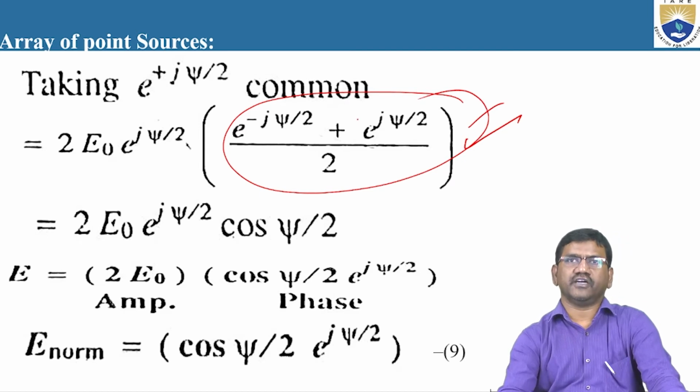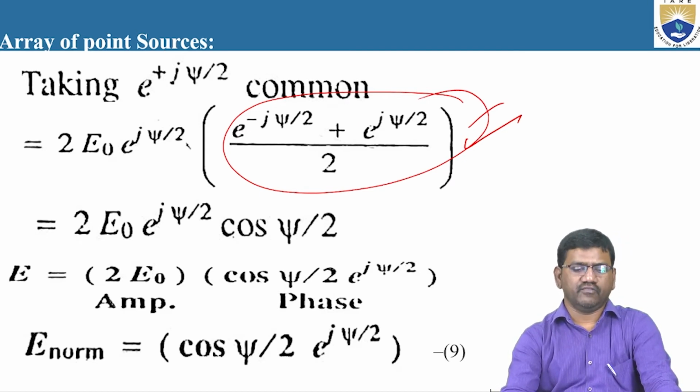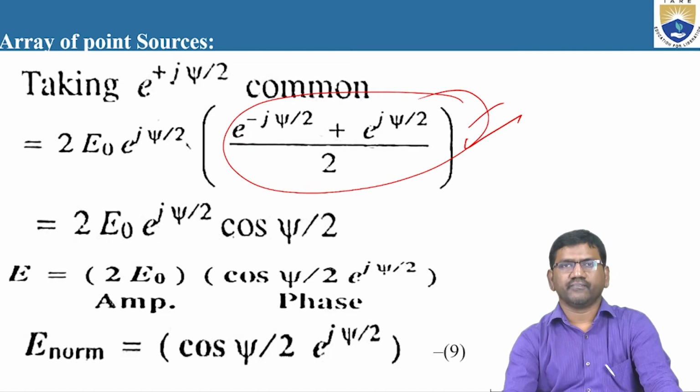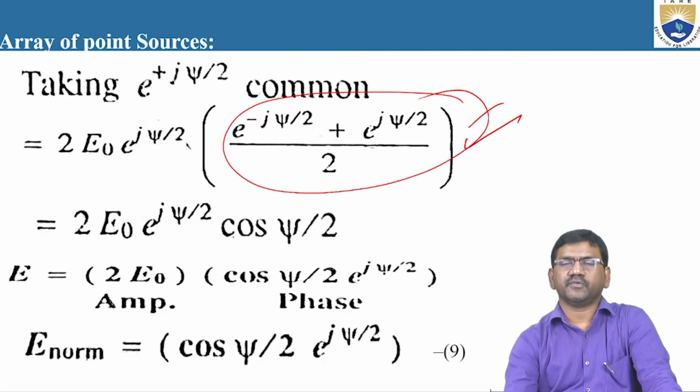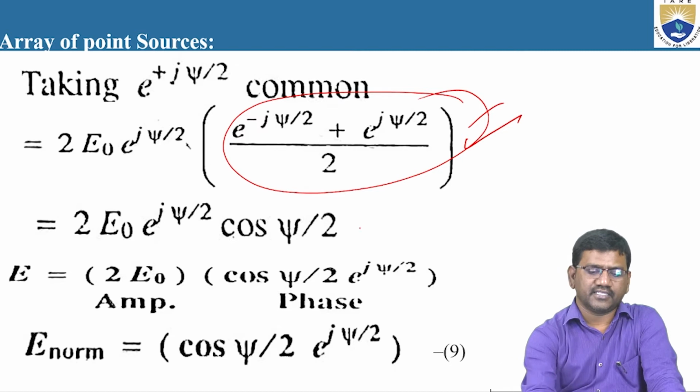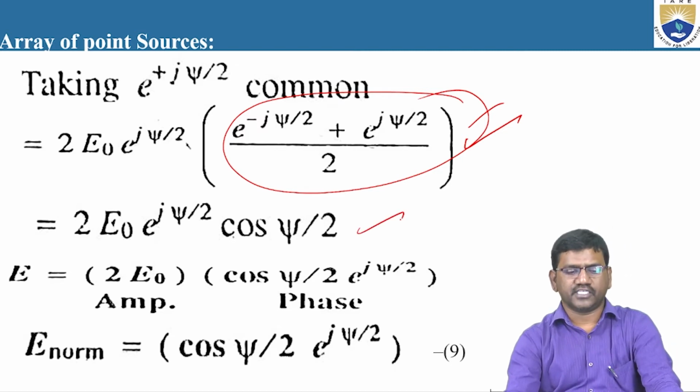According to the trigonometric formula, e power x plus e power minus x divided by 2 is equal to cos x. So here we are getting the cos psi by 2 function.